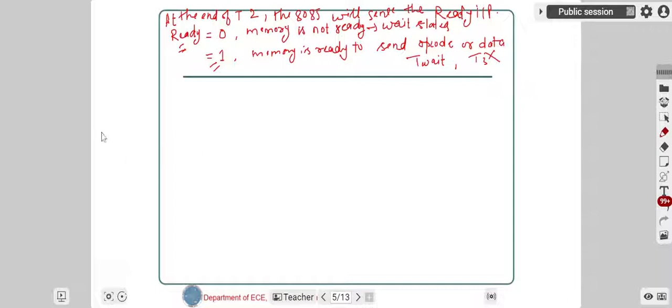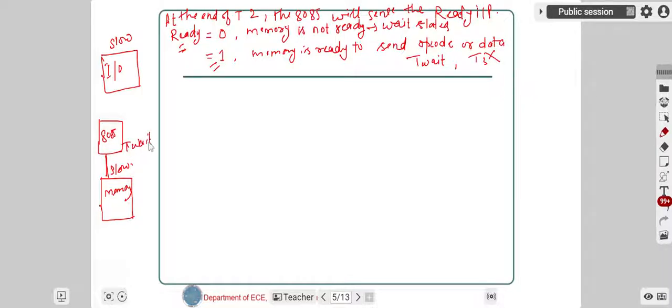Suppose we have this 8085 microprocessor and we have interfaced one memory chip here, or some input output devices. If these devices are slow, suppose this memory is slow, so 8085 should introduce some wait states which are called T wait.